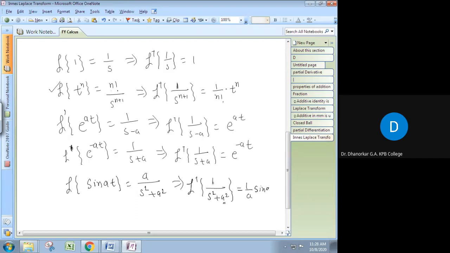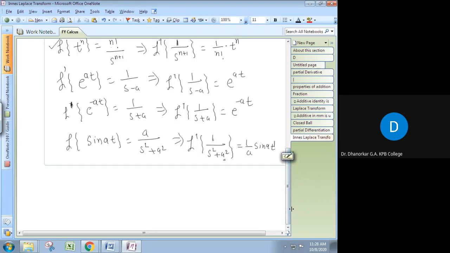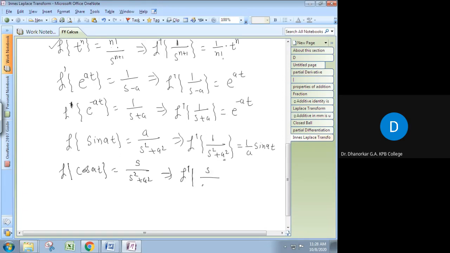Therefore, this is 1 by a sine of at. In a similar way, the Laplace transform of cos at is s divided by s square plus a square. From this we get L inverse of s divided by s square plus a square, which is equal to cos of at.